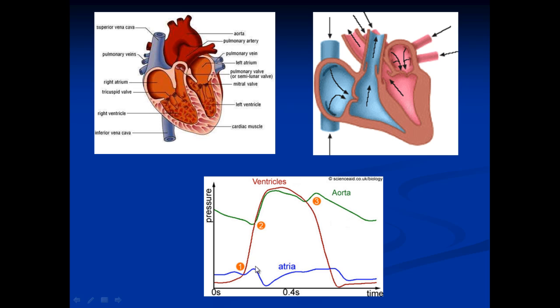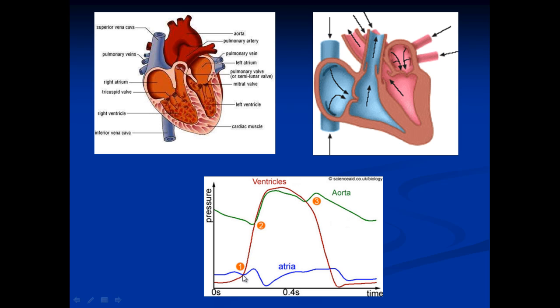And so what we have here, at this point, exactly here, you have a higher atrial pressure than you do ventricular pressure. So what that tells us is the atria are contracting and pushing blood into the ventricles. And so this diagram represents what's happening roughly around here, where you've got the higher atrial pressure than the ventricular pressure.